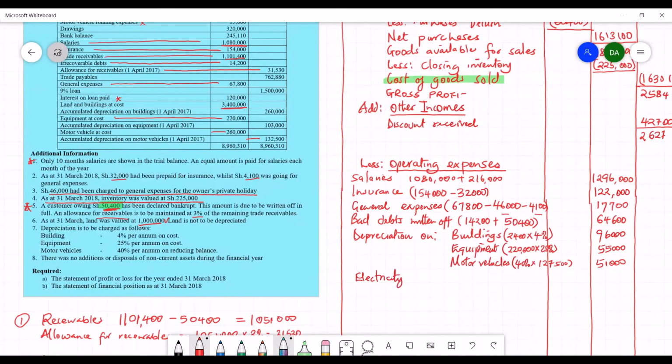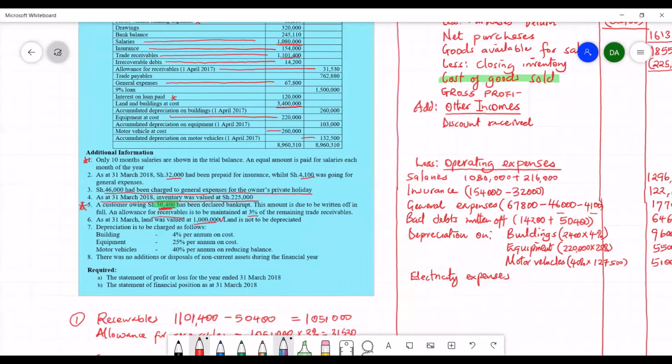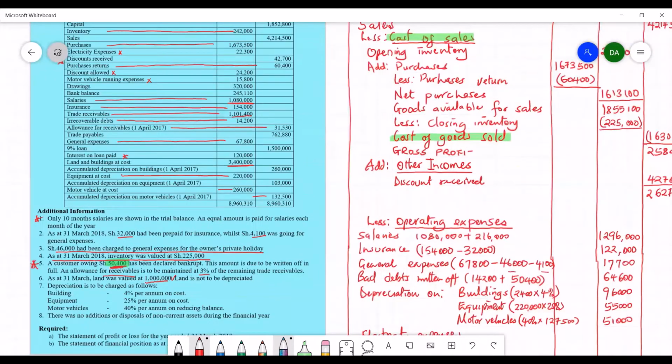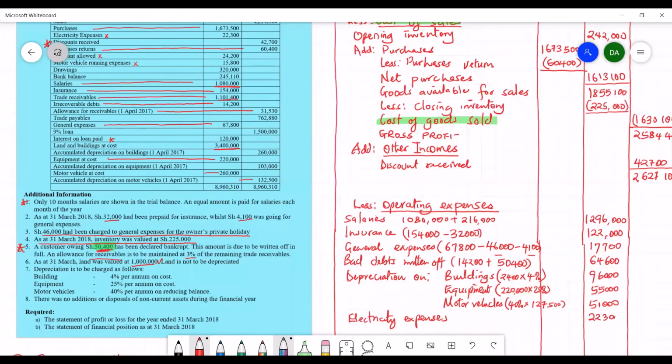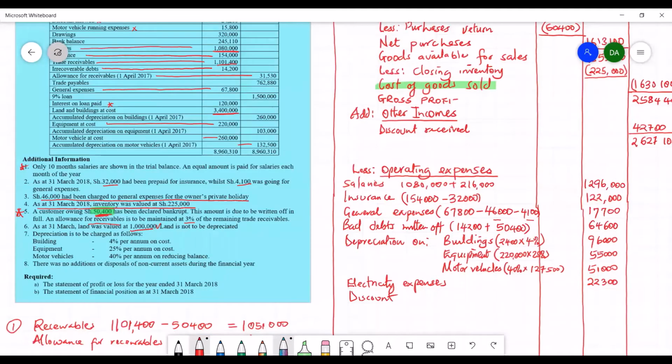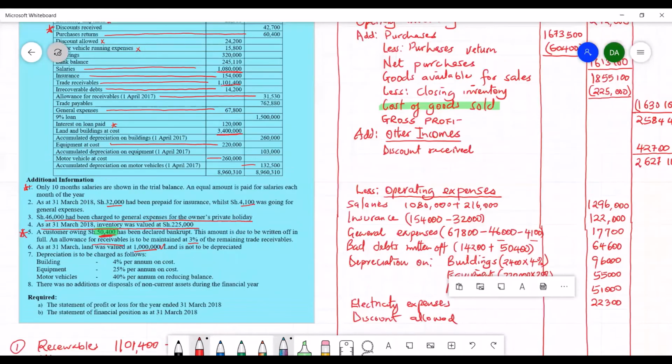Electricity expenses in this case equals 22,300. So we write 22,300, followed by discounts allowed. Discount allowed is another expense, which is equal to 24,200.